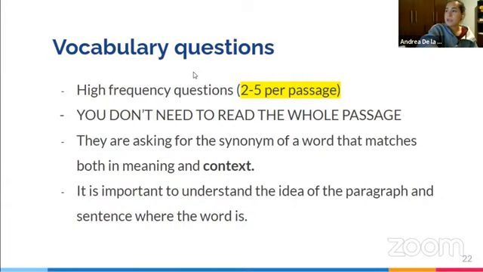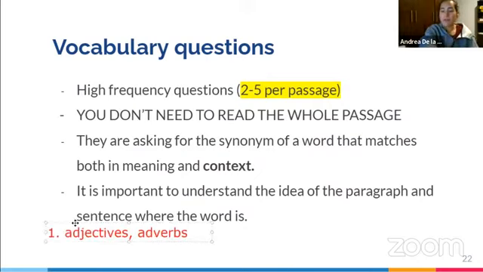The tips I'm going to give you to improve your vocabulary are the following. First, learn adjectives and adverbs. This is one quick way of learning vocabulary.